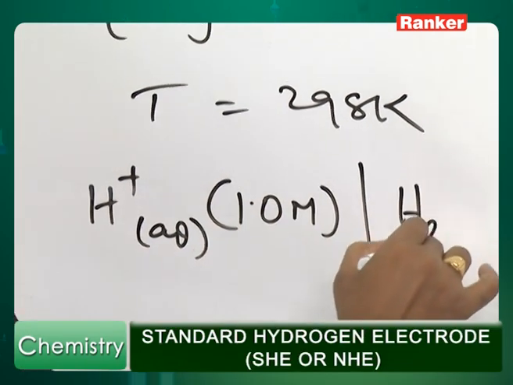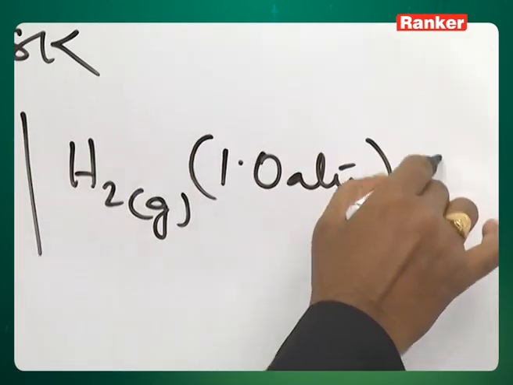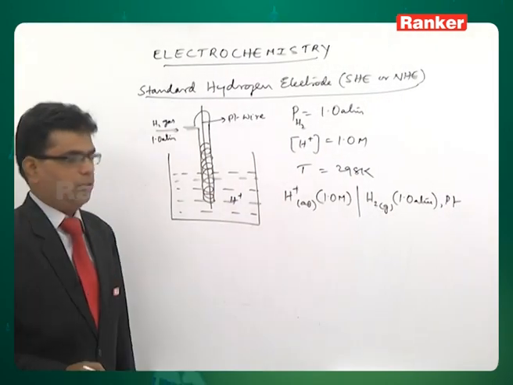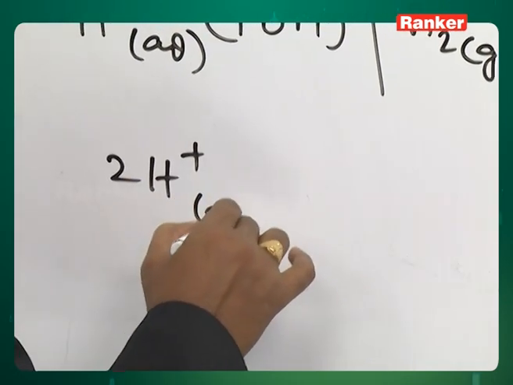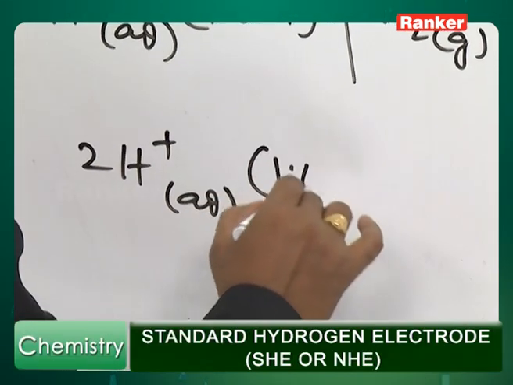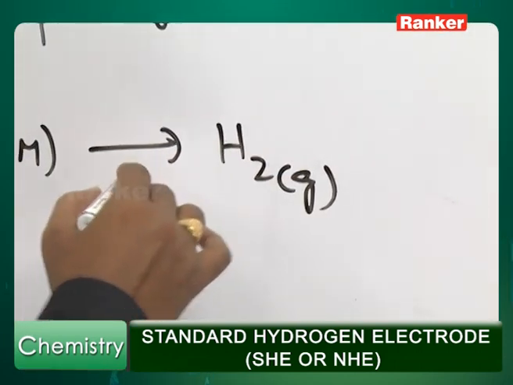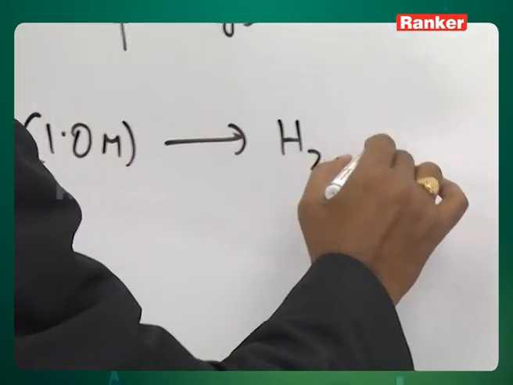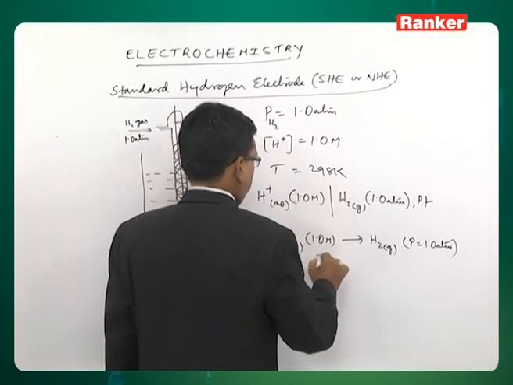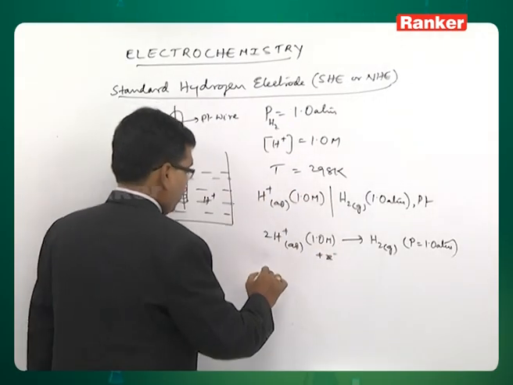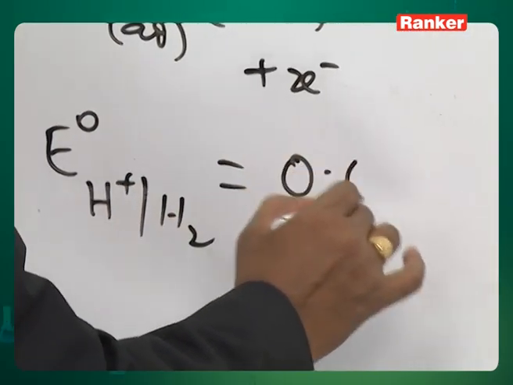In this case, if you represent the reduction, the representation is like this: H2 gas at a pressure of 1 atmosphere, platinum. This is the representation for the standard hydrogen electrode. So the reaction is this reduction, and for this E naught H plus by H2 is equal to 0.